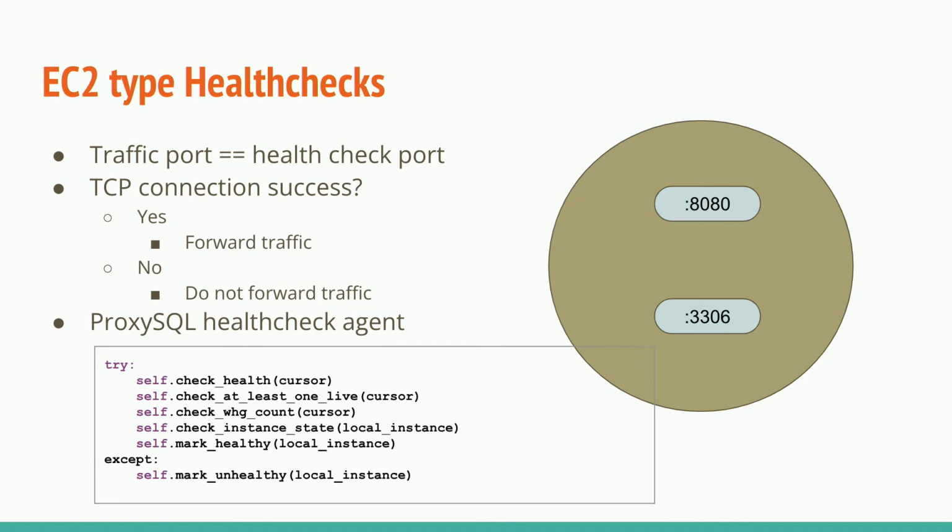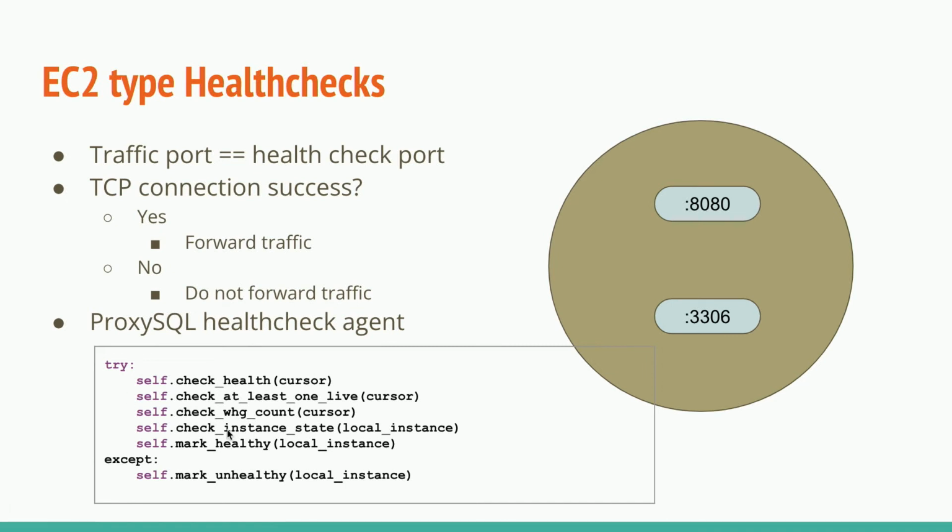I now run ProxySQL with EC2 type health checks, and it works well. Basically, in the Python code, we have several checks, and they check different things in the ProxySQL instance.